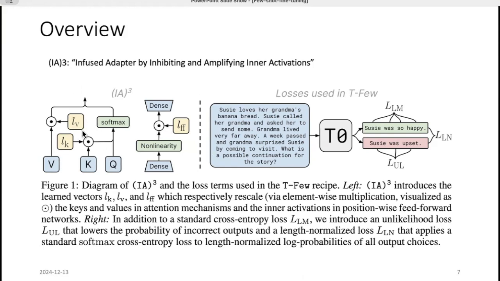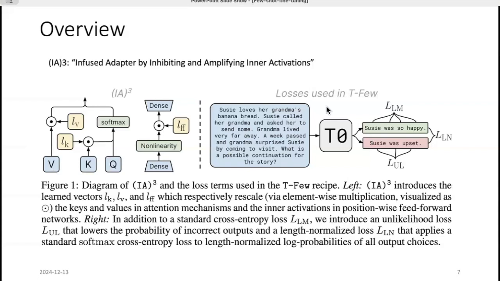The IA is just about how you want to scale the V and K matrices and how you want to scale the outputs of the activations. I think it uses the encoder-decoder. But for any attention-based architectures, you can apply these tricks to these values, keys, and activation matrices.